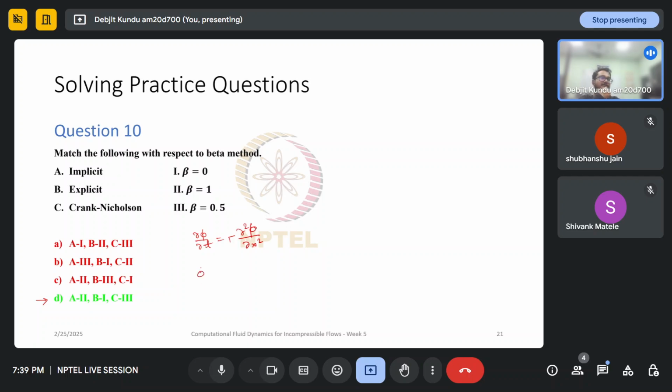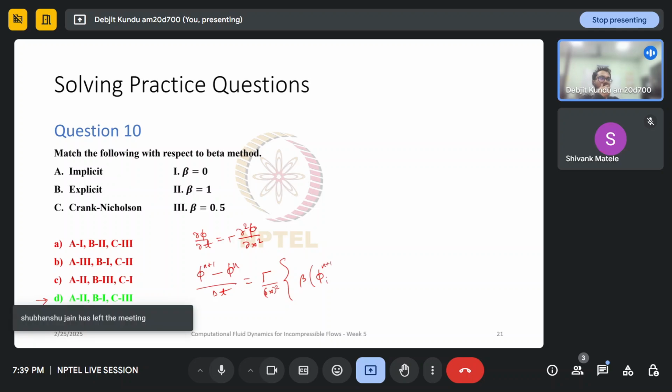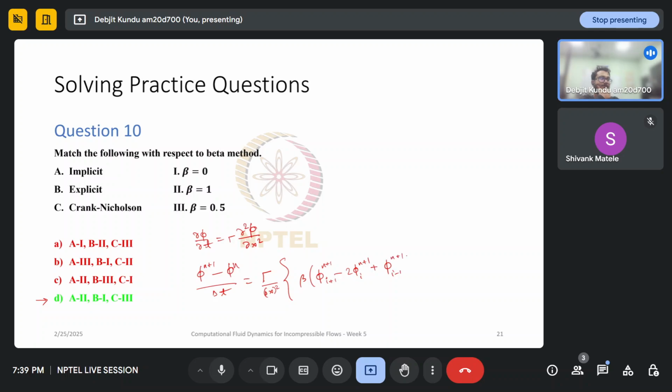So I'll write (P_i^(n+1) minus P_i^n) by delta t. Over here, let's take gamma and delta x squared common outside. Then I'll have some beta into P_(i+1)^(n+1) minus 2 P_i^(n+1) plus P_(i-1)^(n+1).